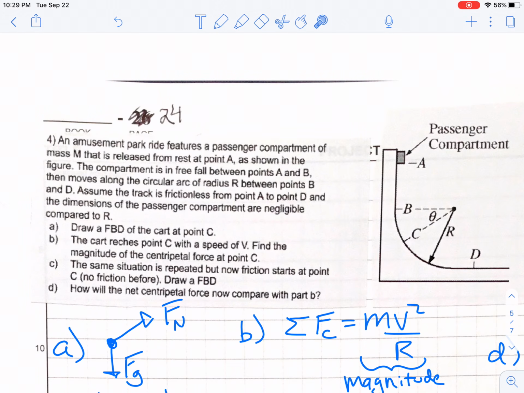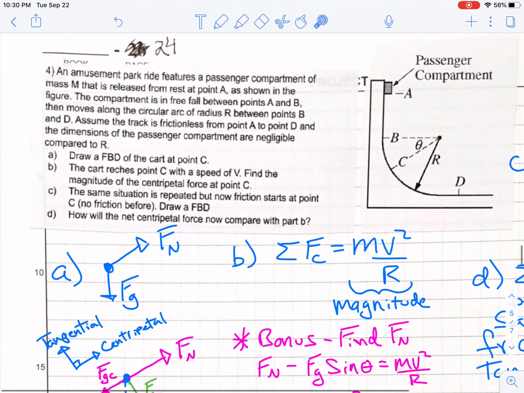So the track is frictionless as it falls, and we want to draw a free body diagram at point C, which is some angle through the curve, and we want to find the magnitude of the centripetal force there. And then we're going to repeat the situation. Friction is going to start instantaneously at point C. We'll want to draw another free body diagram and compare how the centripetal forces are in each of those situations.